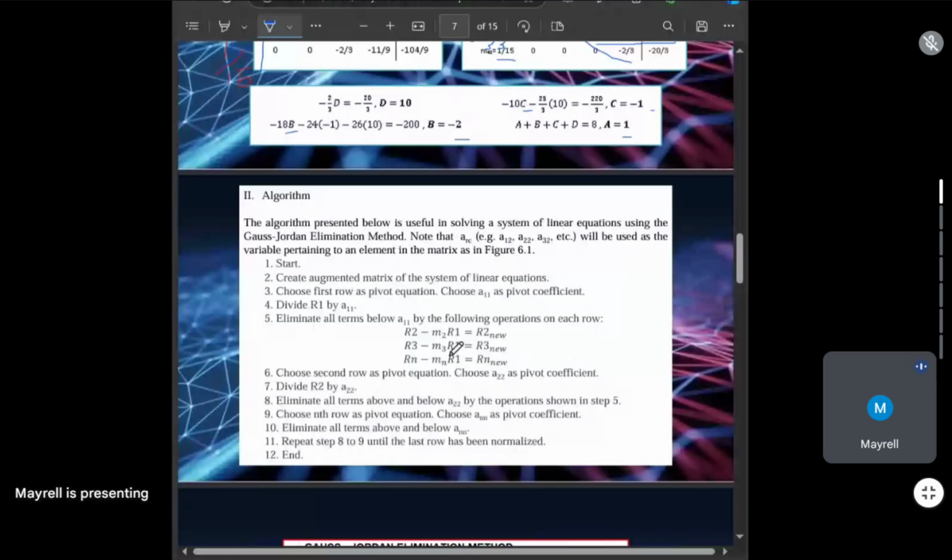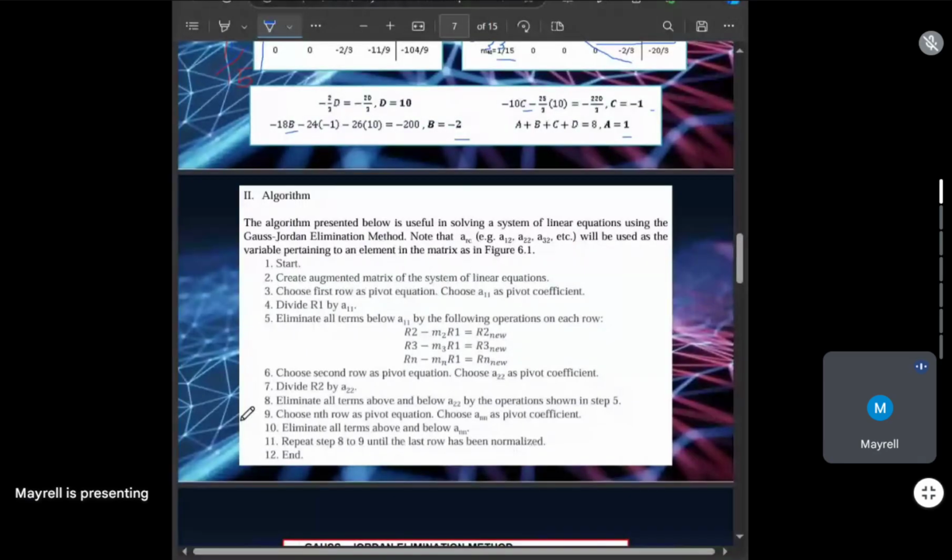Choose A22 as pivot coefficient. Divide R2 by A22. Eliminate all terms above and below A22 by the operations shown in step 5. Choose nth row as pivot equation. Choose ANN as pivot coefficient. Eliminate all terms above and below ANN. Repeat steps 8 to 9 until the last row has been normalized and end.